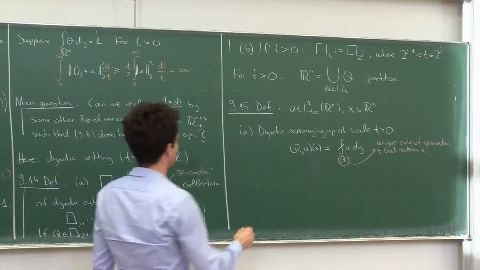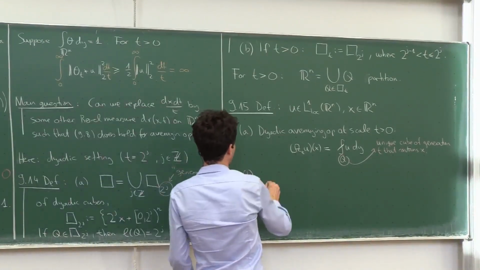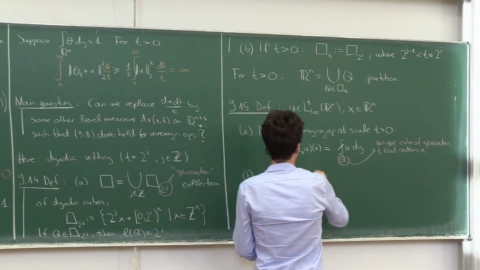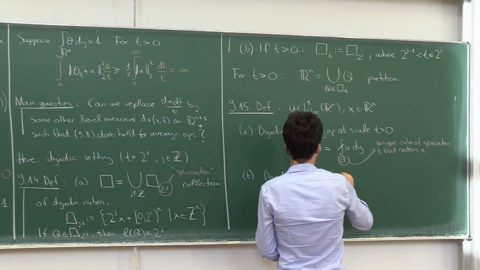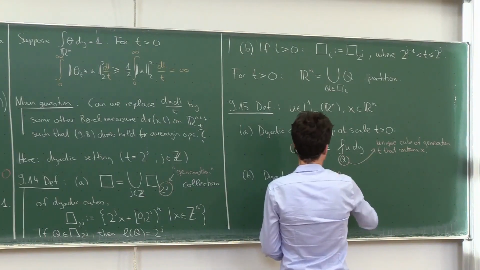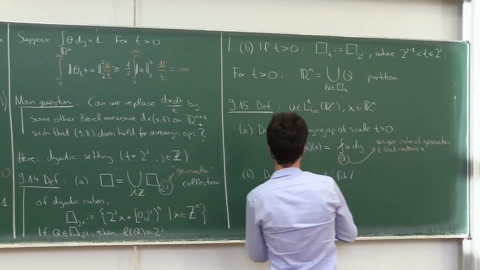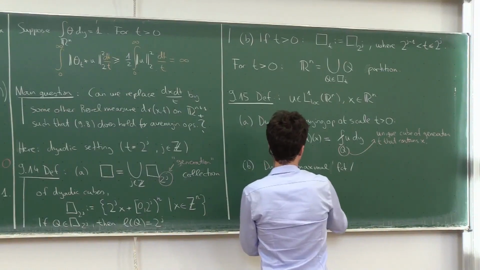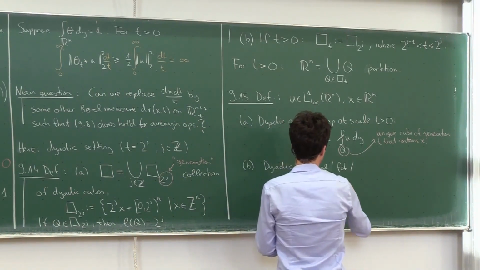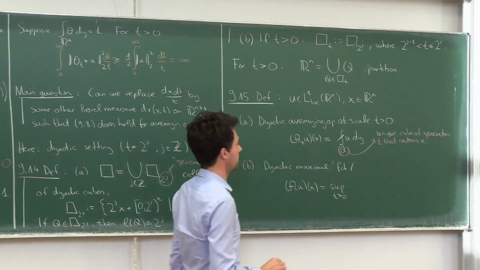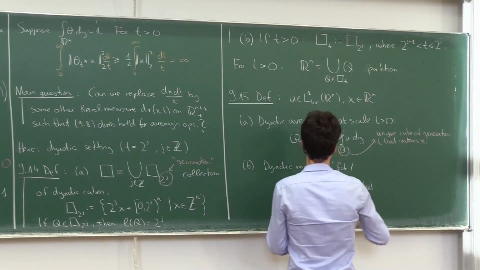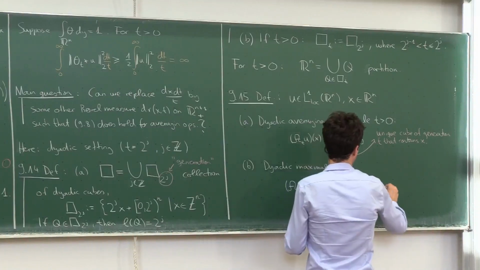Then you define the dyadic maximal function of u at x as the supremum over all generations t of the averages at scale t of the absolute value of u.